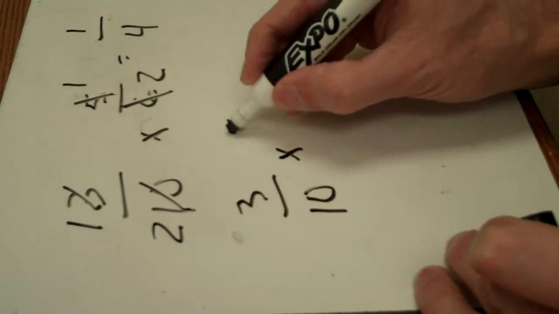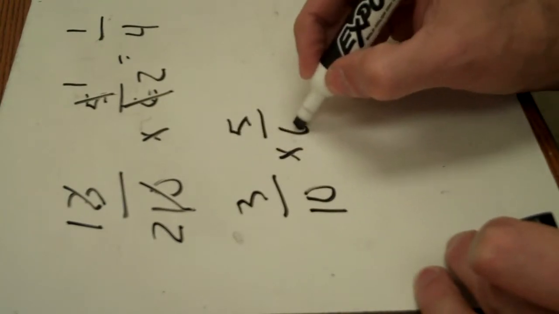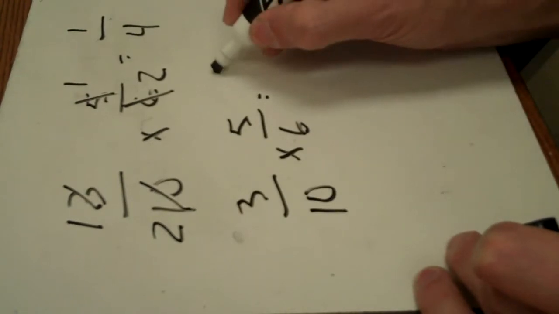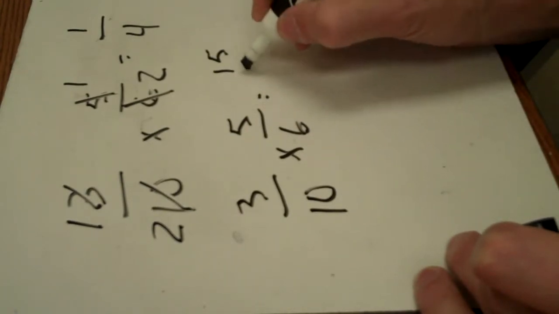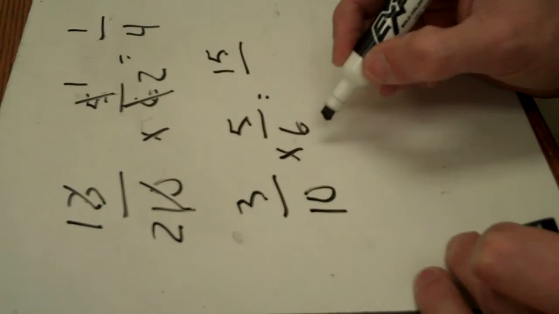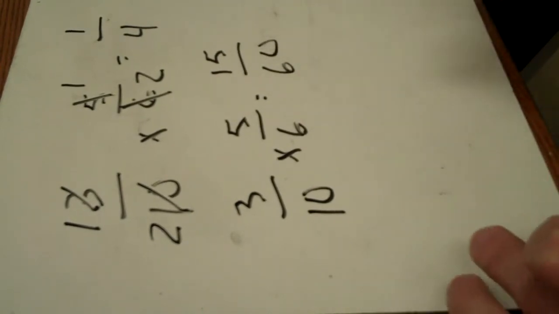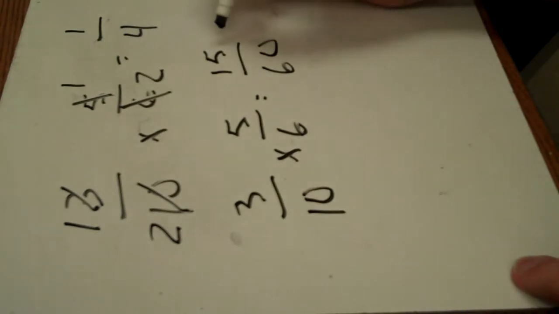and see if we come up with the same answer. 3/10 times 5/6. 3 times 5 equals 15. 10 times 6 equals 60. The problem with 15/60 is that it can be simplified. Okay?